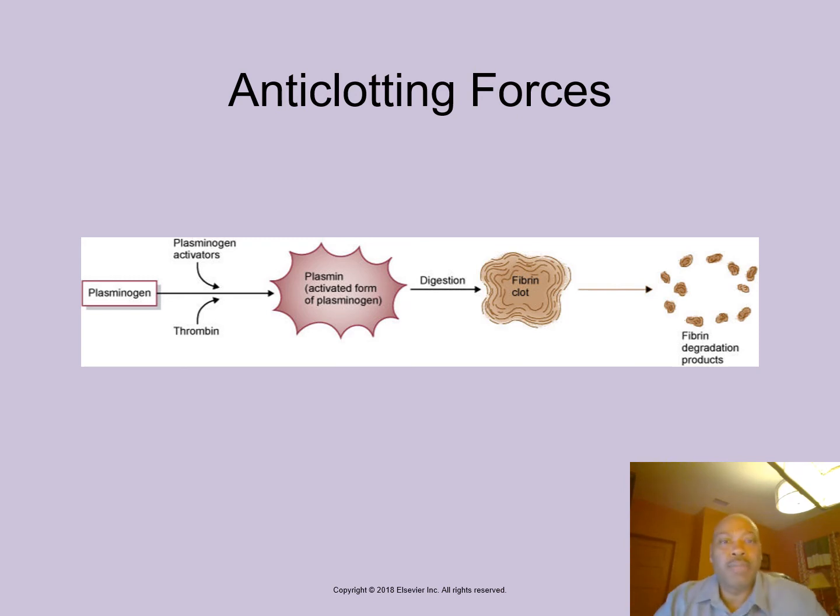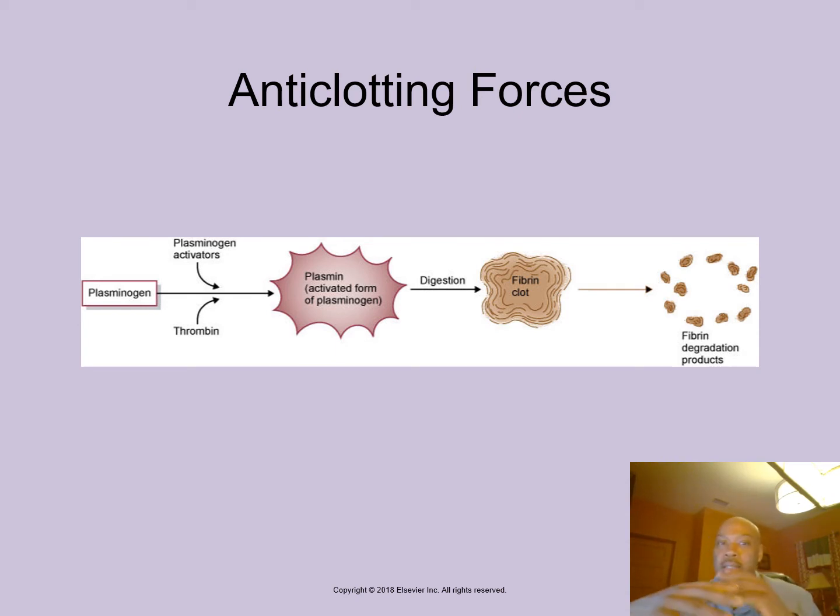Anyway, so the blood clotting is a rapid cascade process. Once the clotting cascade starts, it affects the entire body. Now, these anti-clotting forces also start in order to limit clot formation to only damaged areas, so that normal perfusion can continue everywhere else.